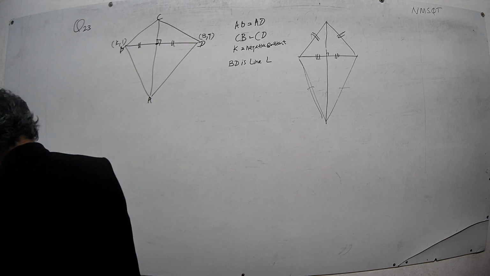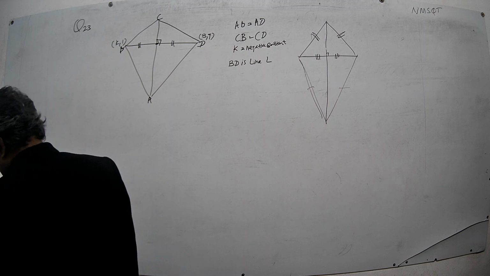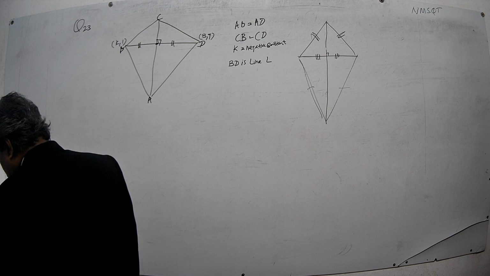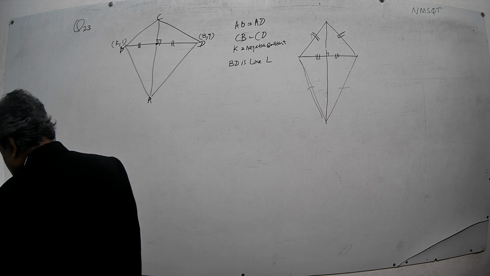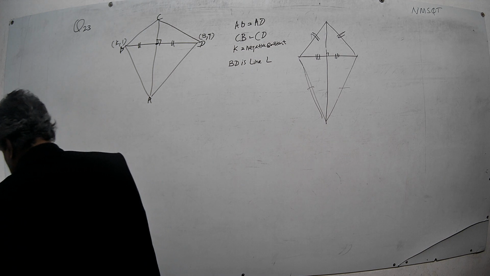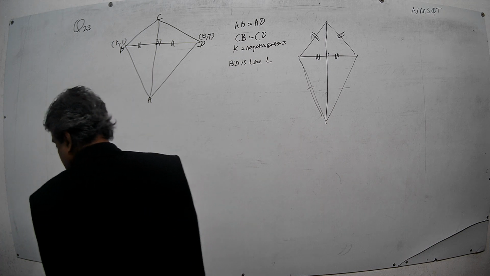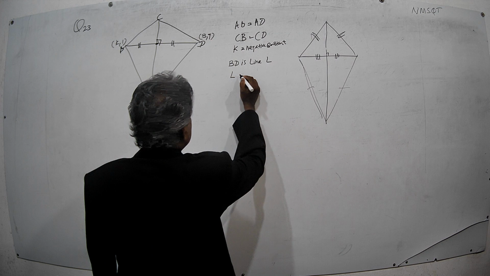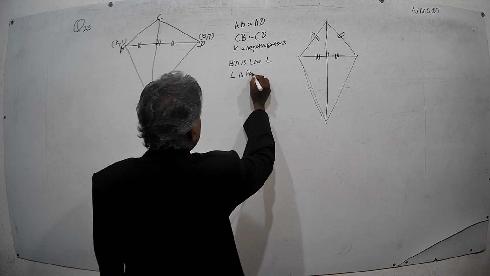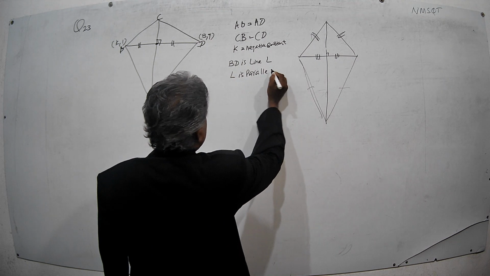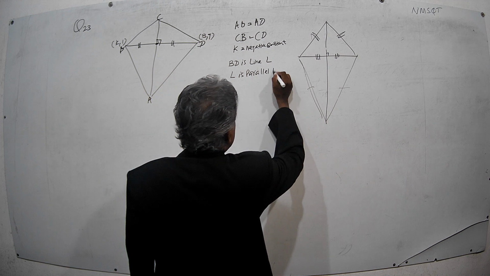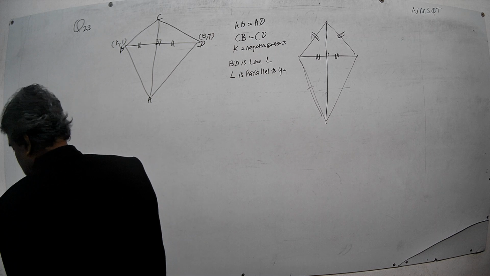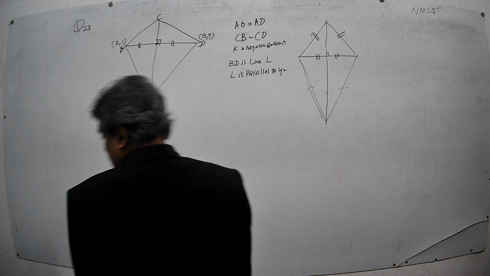Right. Okay. Then they say the straight line L is parallel to the line with equation 5y minus 3x equals 6. They have given the equation of the line to which L is parallel.